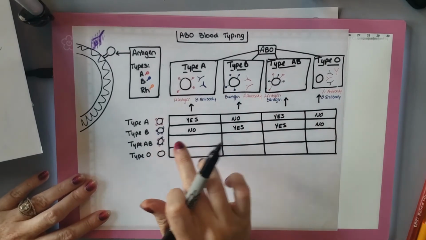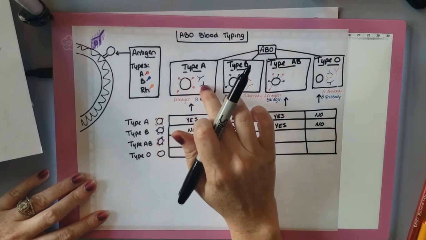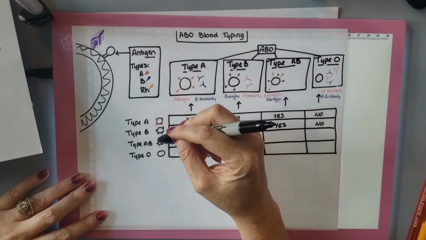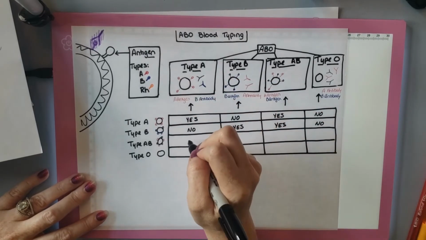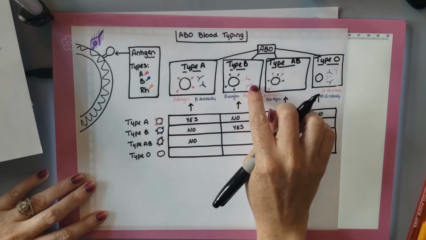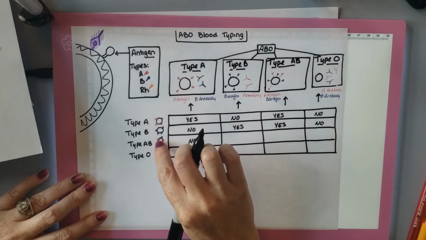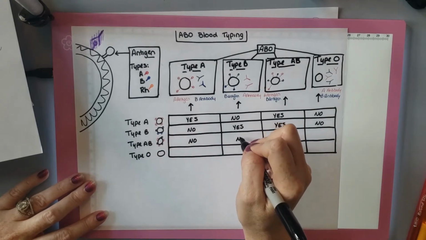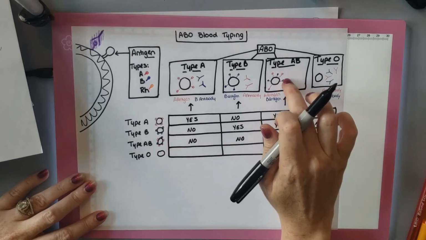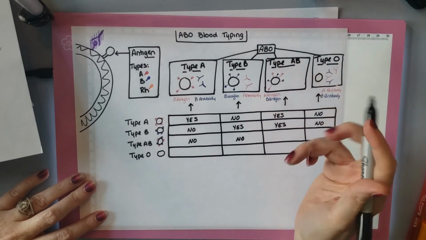All right, can we give this cell to this person? It has these antibodies against these antigens, it will kill it, so we have to say no. Can we give this cell to this person? These antibodies will kill this cell, so no. Can we give this cell to this person? Sure, there's no antibodies.